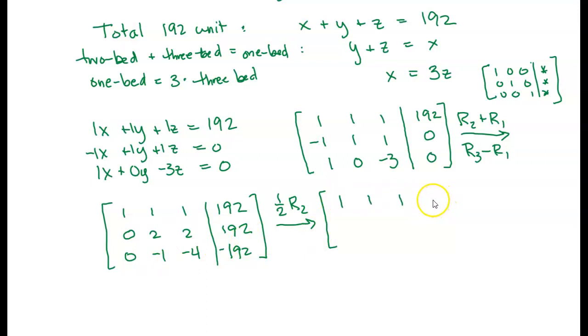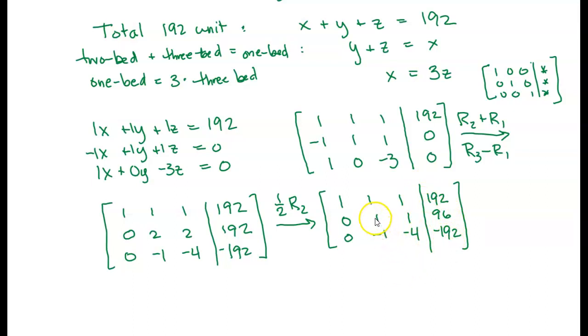I'm not doing anything to row 1, leaving that as is, and I'm also not going to change row 2 for now. Negative 4, negative 192. Wait, I'm only going to change row 2, and that becomes just dividing by 2. I get 1, 1, and 96. Half of 192 is 96.